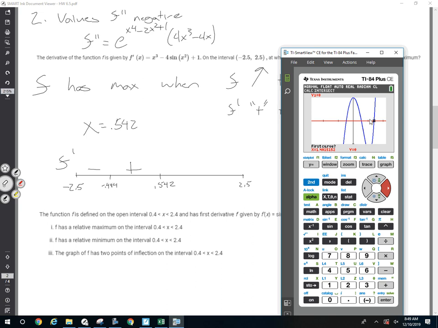Negative values, positive values, negative values until here, 1.395. Oops. Negative values, positive values. Signs of values of f prime tell us that f is going down, then up, then down, then up. This is the location of my max. I have 2 locations of mins.